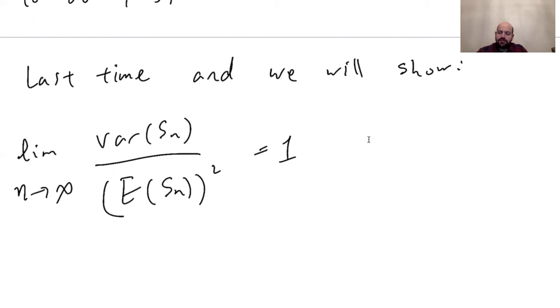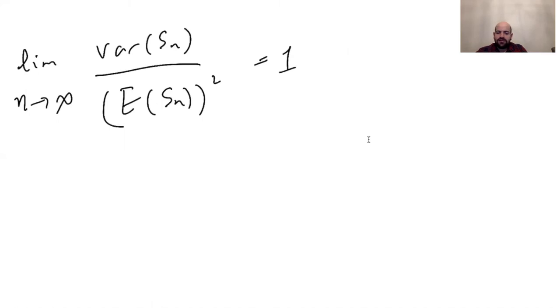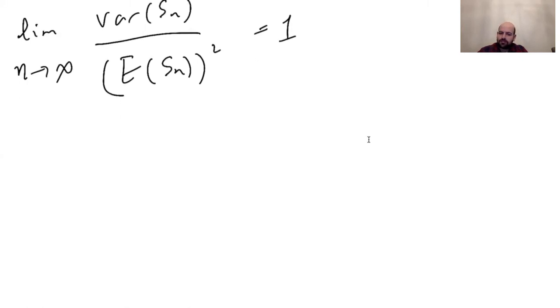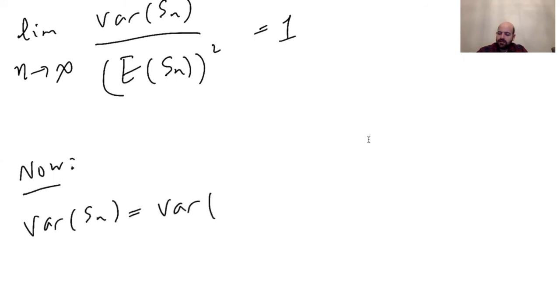Okay, now let's first find variance Sn. What is variance Sn? What was Sn? T1 plus all the way to T sub n choose 3.